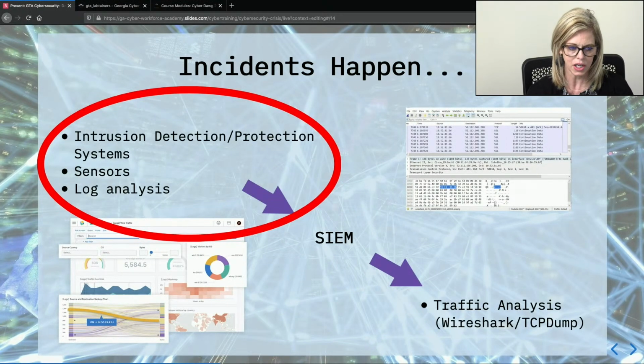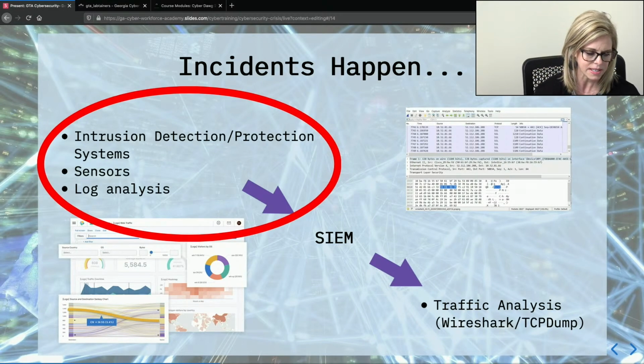So if I were to say to you, intrusions happen and incidents happen, I'm just going to go over some things that put this in perspective. I pulled this data from a website that had this actual data.